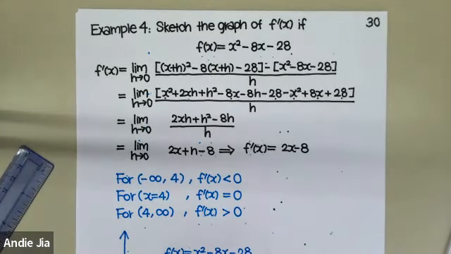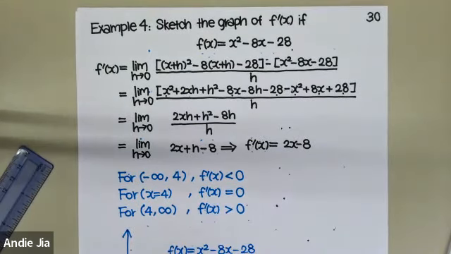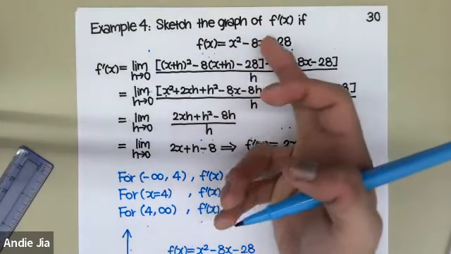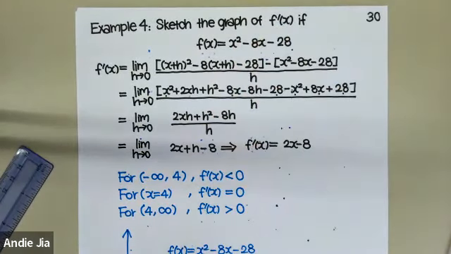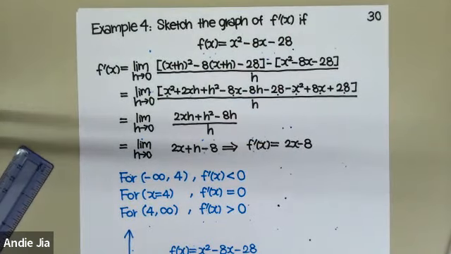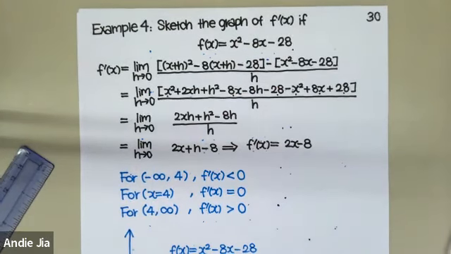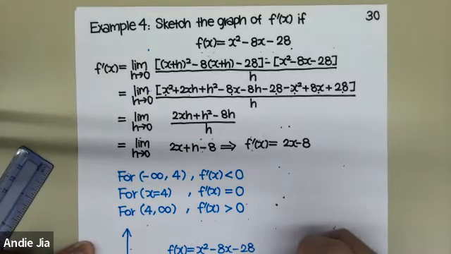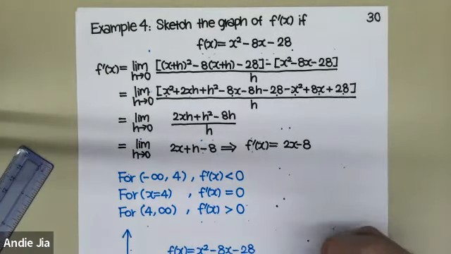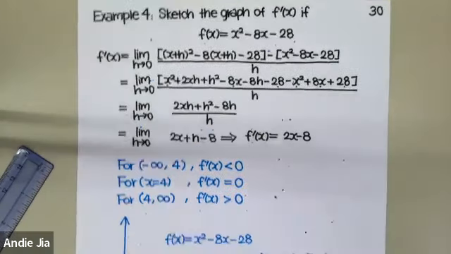Here is 4, and at that point the value is 16 minus 32 minus 28, negative 44. So at x equal to 4, we get negative 44. f of x has a horizontal tangent line there.